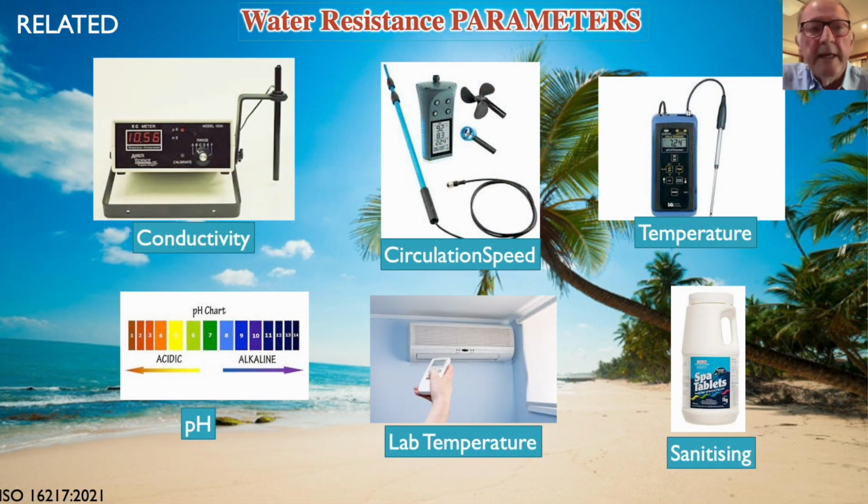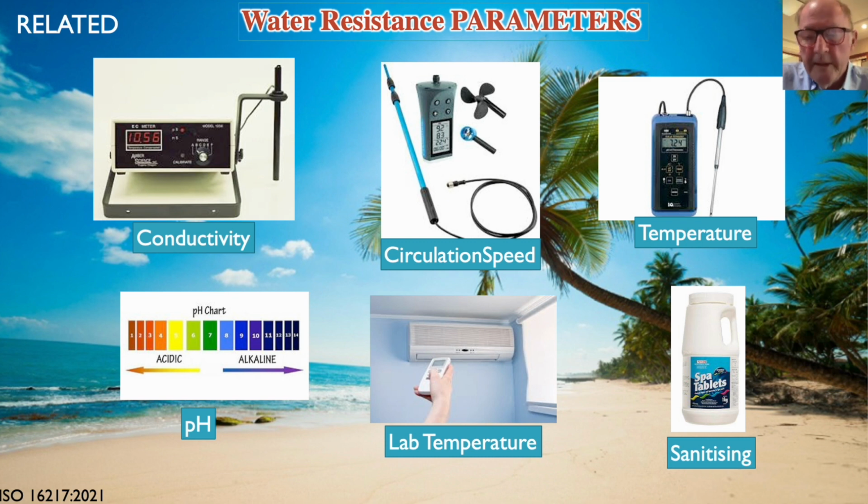What we did there is we defined all the parameters that we could think of that needed controlling. Conductivity rather than water hardness, we discovered, was more reliable. It compensated for different kinds of water around the world.